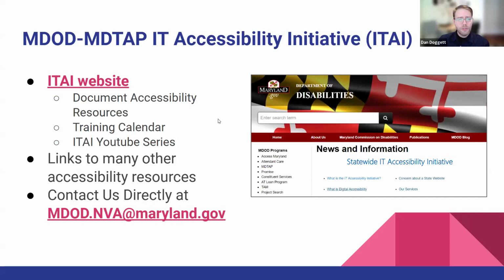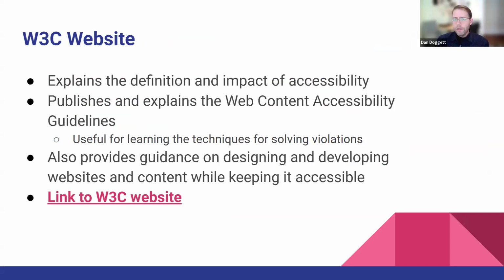I also want to talk about the W3C website. W3C stands for World Wide Web Consortium, and their website has a tremendous amount of resources. W3C is actually the organization that puts together and publishes the international Web Content Accessibility Guidelines.